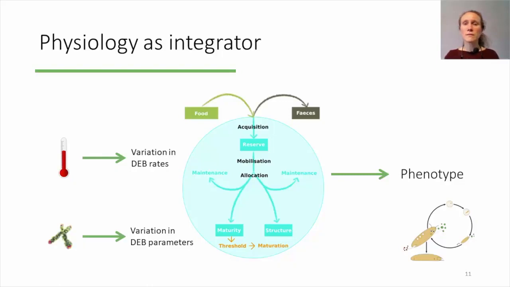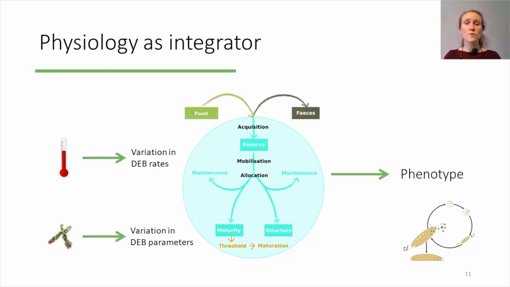And here, well, we see, and you might know by now, that the DEB model takes some environmental influences, such as food and temperature, and uses these to produce a particular phenotype in particular environmental conditions. And these phenotypes might differ between species.